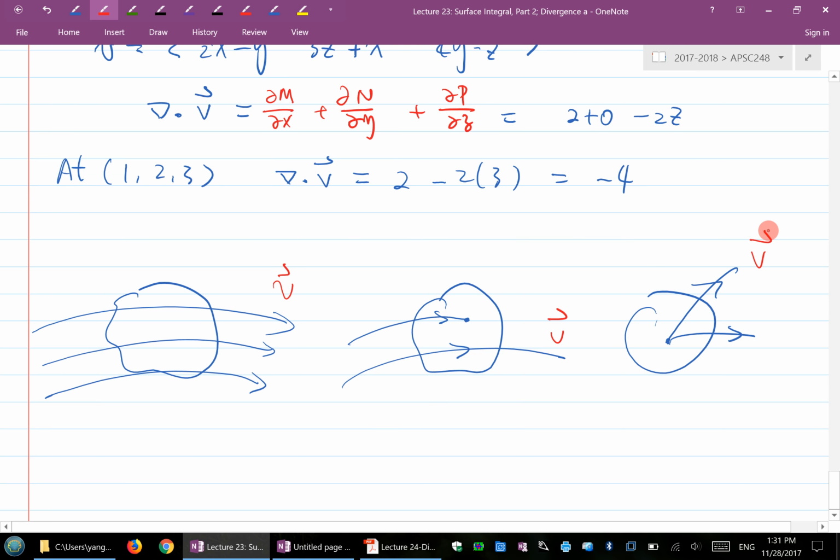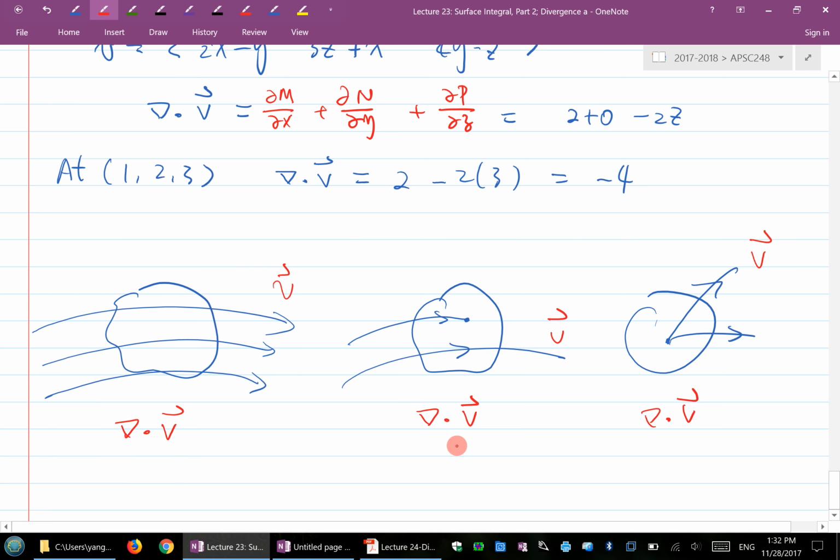Now I want you to take a guess. Within this small area here, what do you think the sign of the divergence is for each one of the cases? For the first one, del dot v, what could be the possible value?